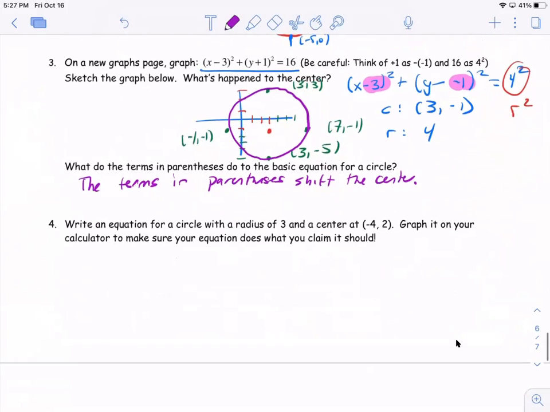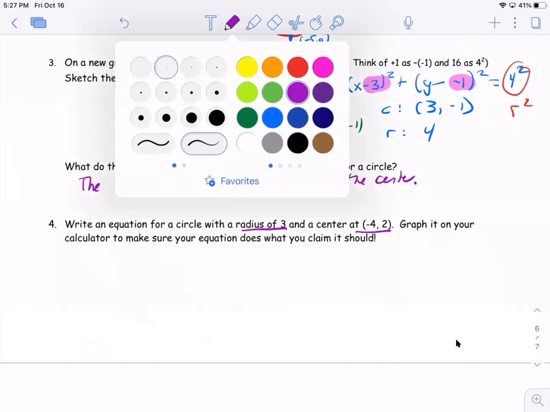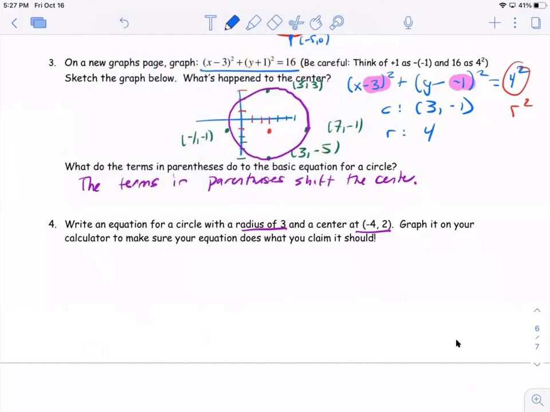So we want to write an equation of a circle with a radius of 3 and a center at (-4, 2). So typically when I start these problems, I'll start with the general equation. So (x - h) squared plus (y - k) squared is equal to r squared. And I know the center is (-4, 2), which is (h, k). So h is -4 and k is 2 and r is 3.